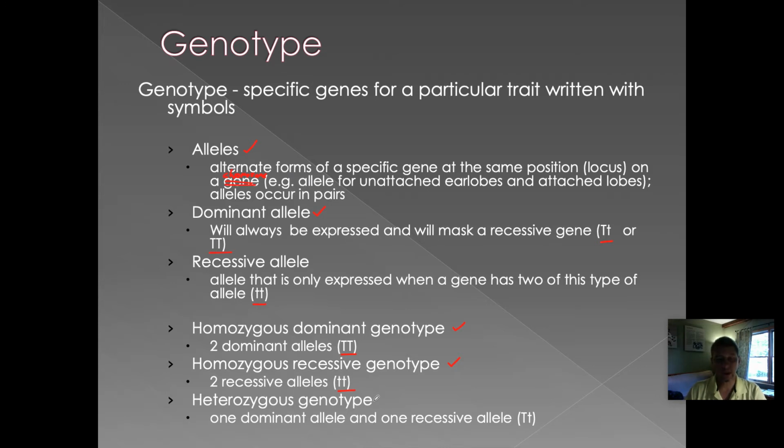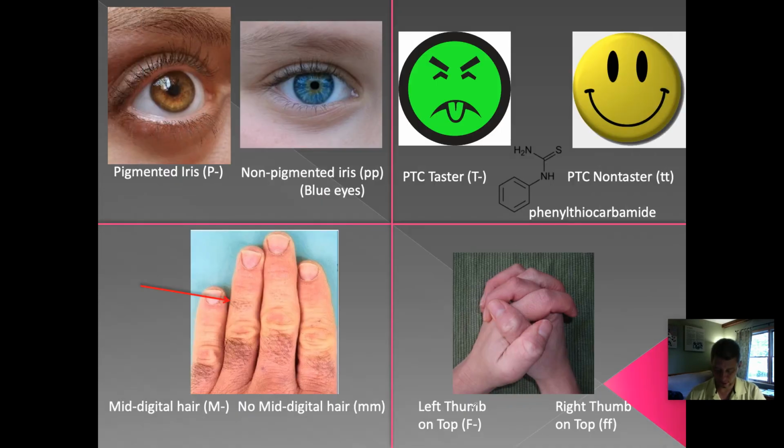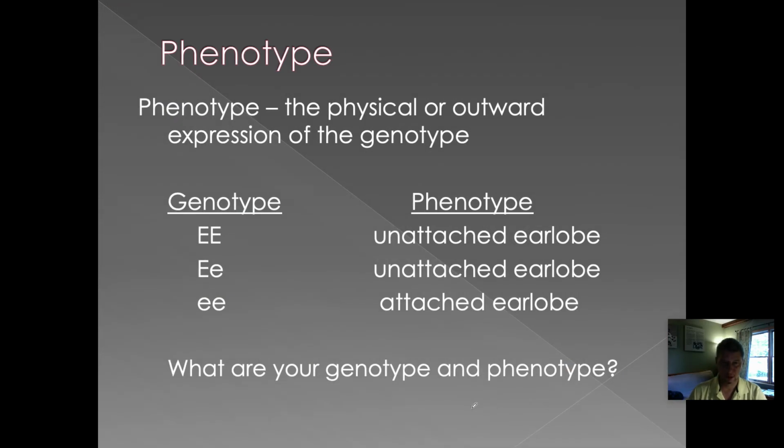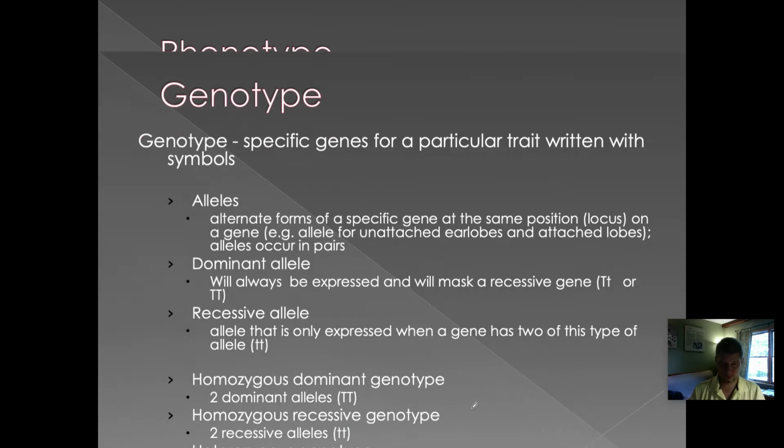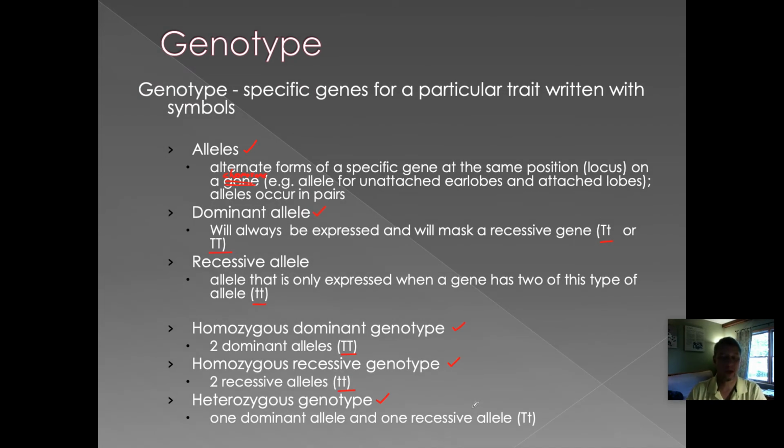Or finally, you can be heterozygous, which means that you have one copy of the dominant allele and one copy of the recessive allele, all right? So you've got dominant alleles, recessive alleles, and your genotype can be homozygous dominant, homozygous recessive, or heterozygous.